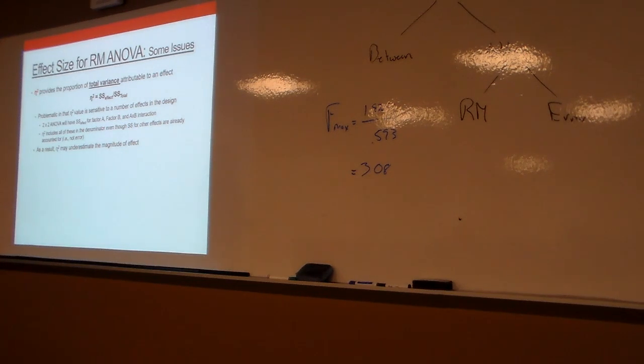Well, you could make an argument that doesn't seem fair, because we'll have had systematic variability accounted for by factor B and the A by B interaction. That's not error. So do we put that all on the bottom, right? So we've got some problems here. What ends up happening is eta squared is probably an underestimation of the magnitude of effect, and it's also not going to be comparable across different designs that have different factors.